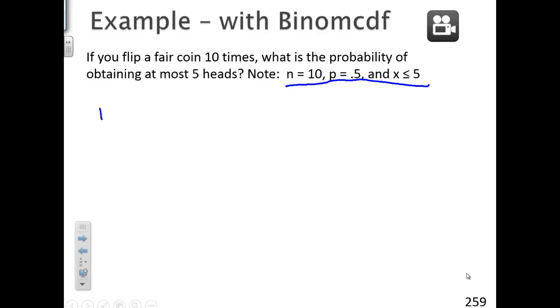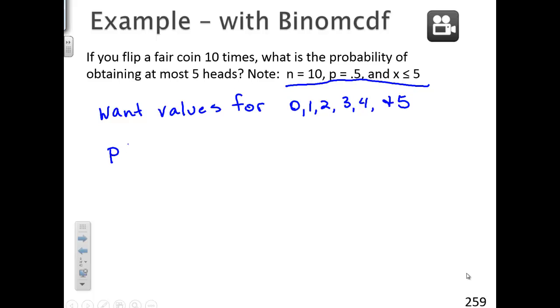So here's what we want: the probability values for 0, 1, 2, 3, 4, and 5. The calculator will do this for you.